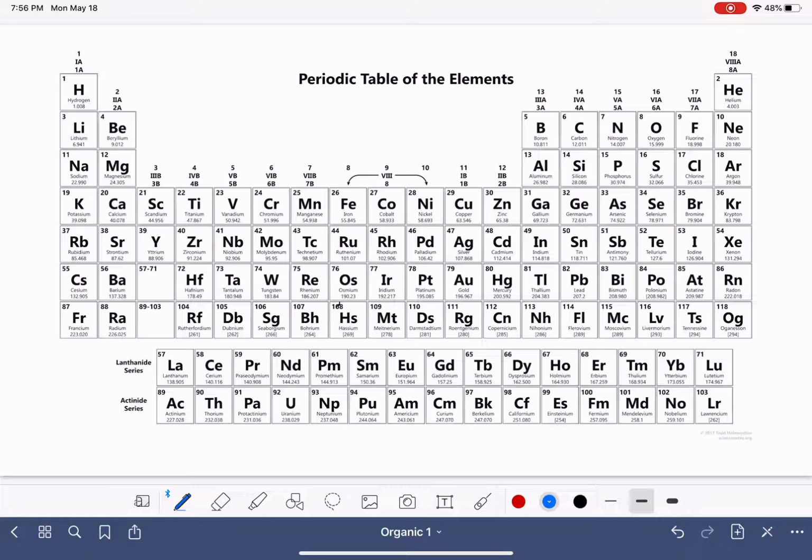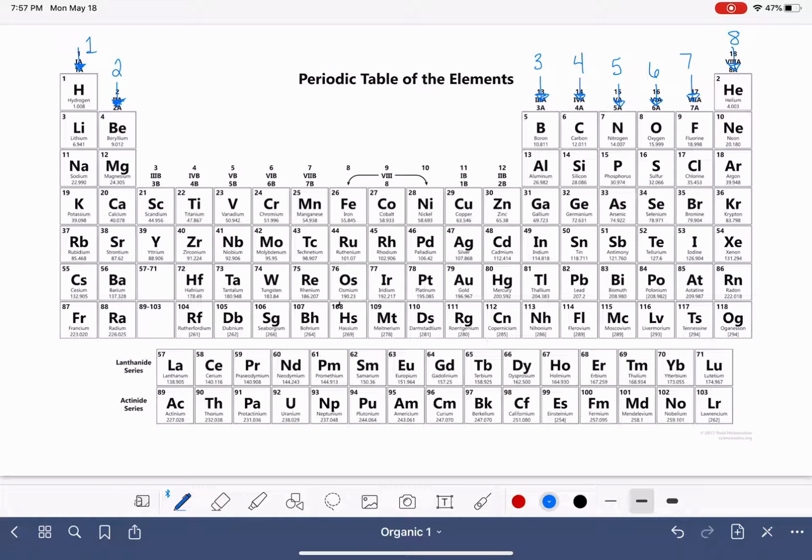So all of the atoms that are in the first column on the periodic table, they all have one valence electron around them, and all of the atoms on the second column have two valence electrons, and we skip the transition metals. And the next guys over, they have 3 valence electrons, and then 4 and 5 and 6 and 7 and 8. So it's pretty easy to remember because it follows numerical order.